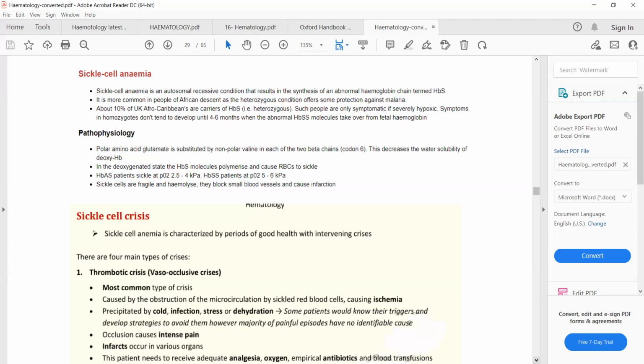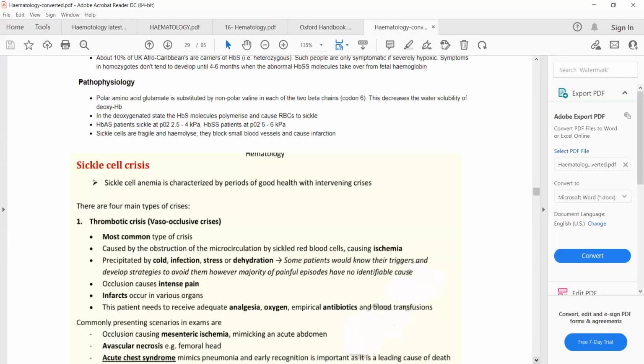So micro blood vessels will be blocked due to these sickle shaped RBCs, and wherever this happens in the microvasculature, ischemia will result.